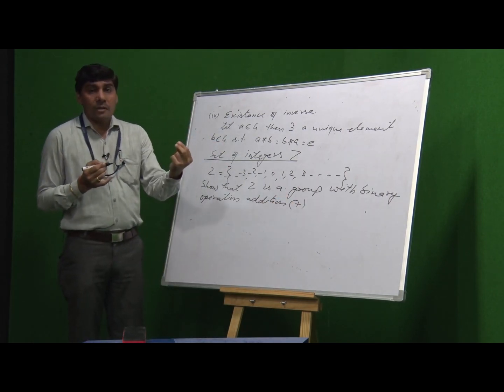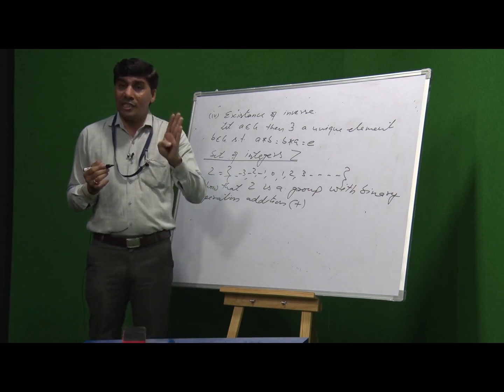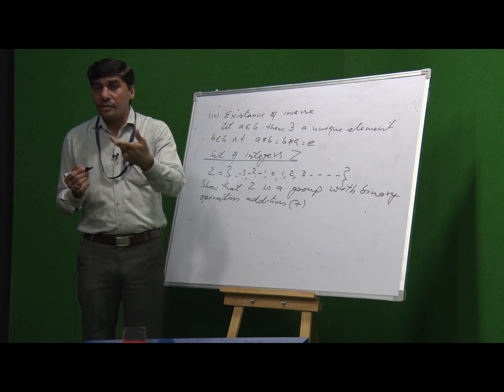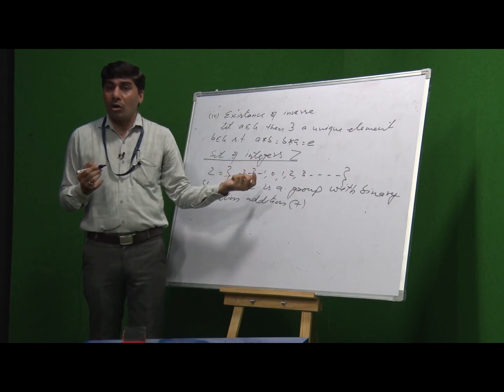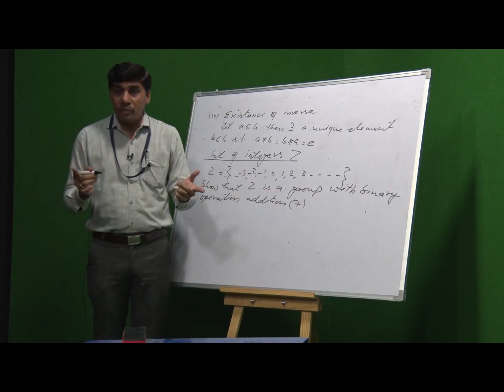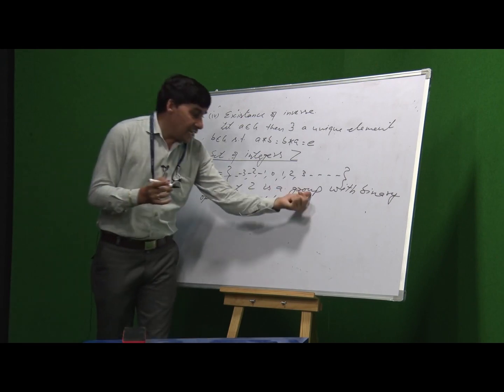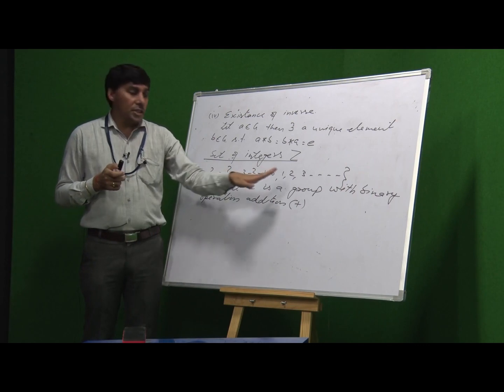So first, the set of integers is well defined, that means it is a set. Second, 0, 1, 2, 3, 4, 5 all are elements of the set Z, that means it is non-empty. Addition is a binary operation on integers.